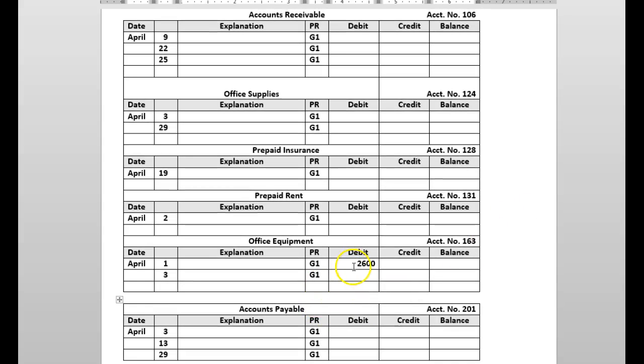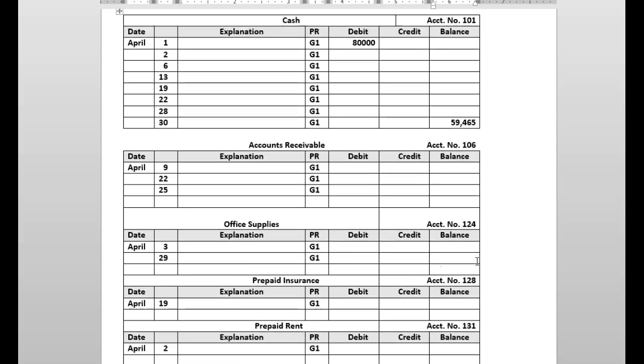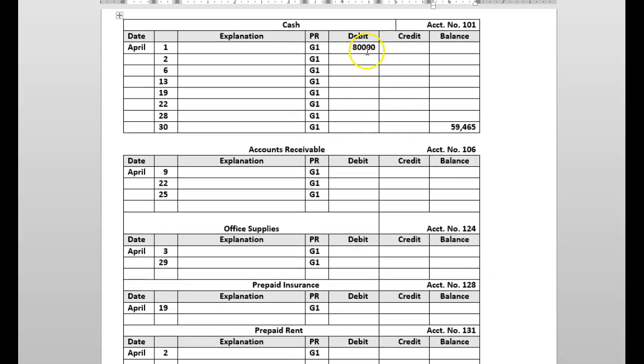Have a debit here, so it has a balance of $26,000. Is that 26,000? Yes. I seem to have trouble with the zeros right now. So sorry. And let's go up to cash. And that's got a debit of $80,000, so it has an $80,000 balance.